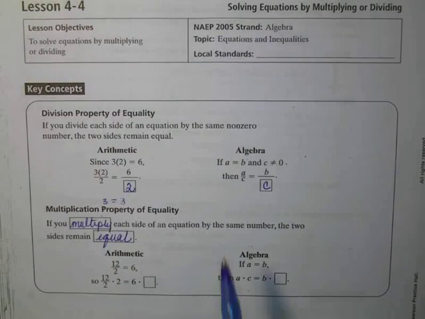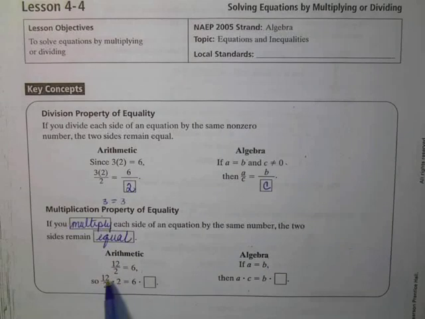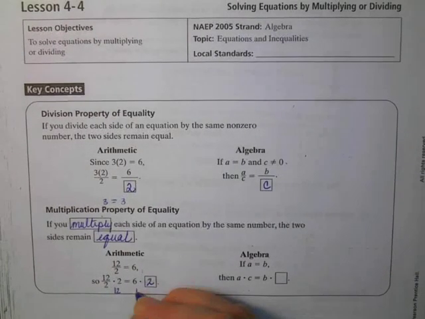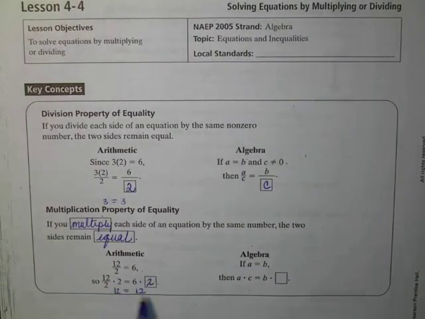So if I want to multiply each side by 2, and this 2 is random, it could be anything, 12 divided by 2 is 6, times 2 is 12. Here, when I put in 6 times 2, I get 12. So again, the idea is when each side is simplified, I'm going to remain with the same answer. The equality is going to remain true.